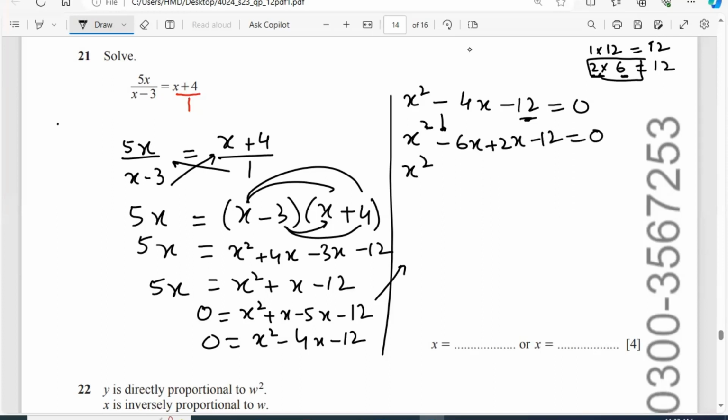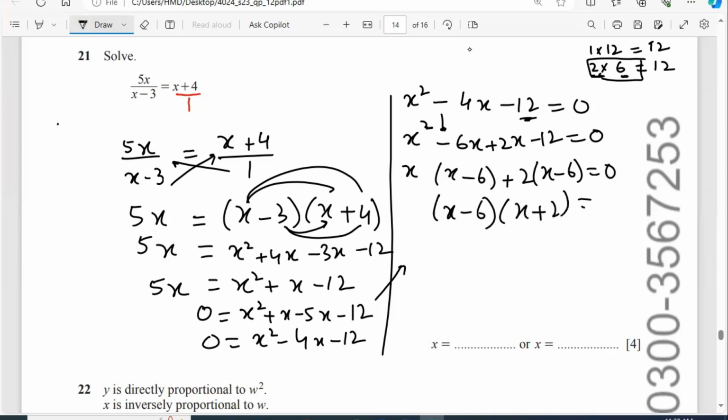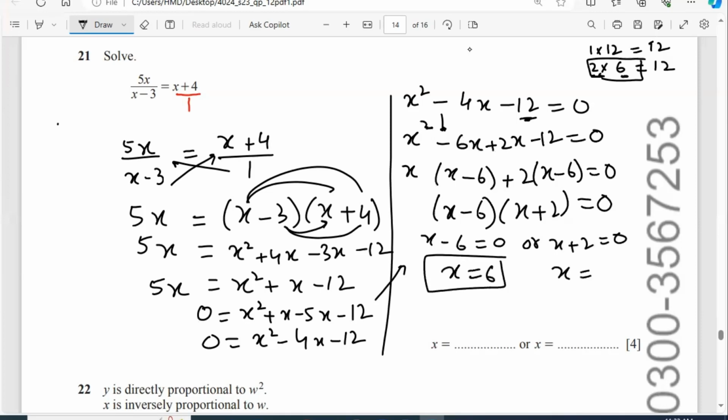Take x common: x times x minus 6, plus 2 times x minus 6 equals 0. So x minus 6 times x plus 2 equals 0. Now x minus 6 equals 0 or x plus 2 equals 0. We get x equals 6 and x equals minus 2.